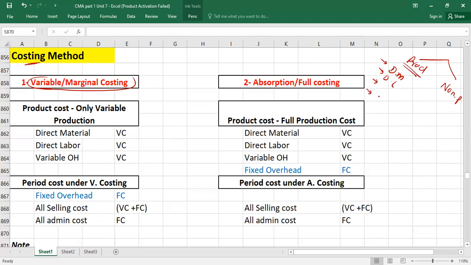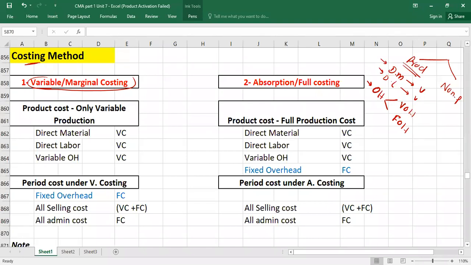So you can write it this way also: overheads have two portions, variable overheads and fixed overhead. Direct material is always your variable cost, and direct labor is always your variable cost. This is what we assume under costing.